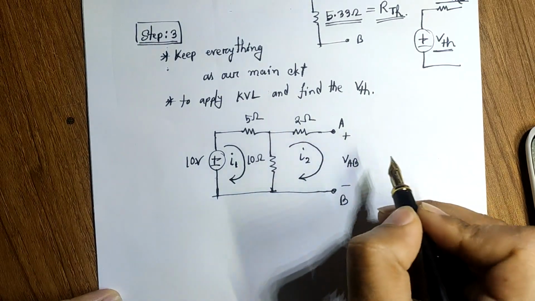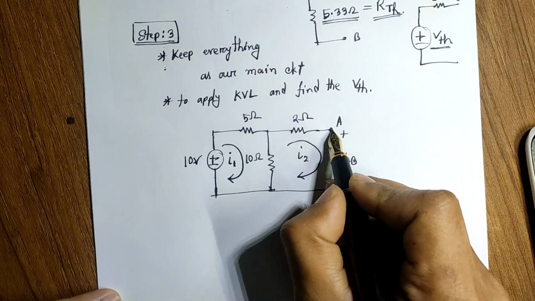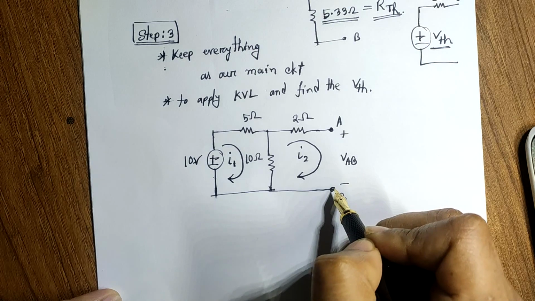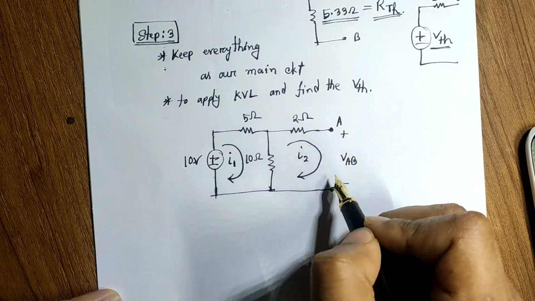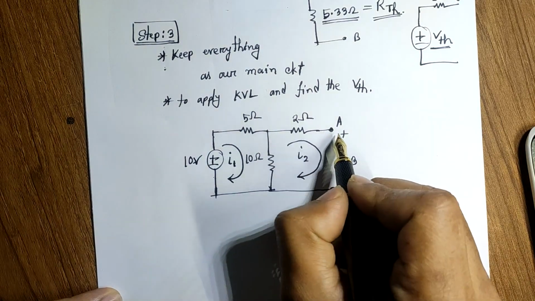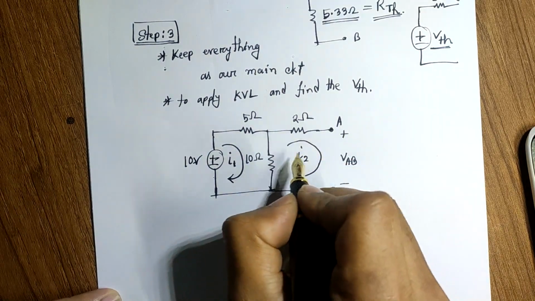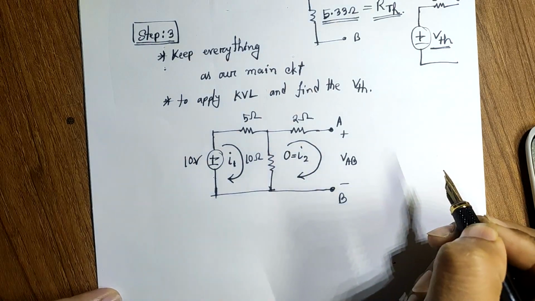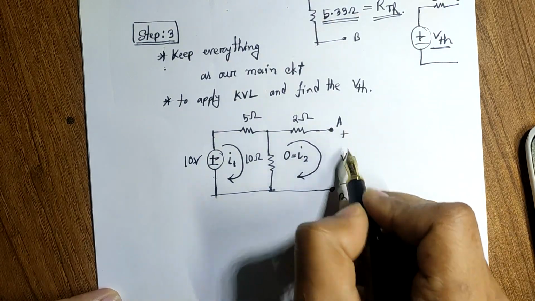Because as you can see that there is nothing connected between A and B. That means A and B is some open terminal, right? So since there is nothing connected to A and B, current will not flow through this terminal. So from this we can directly say that the value of I2 is actually 0 because nothing is connected here.